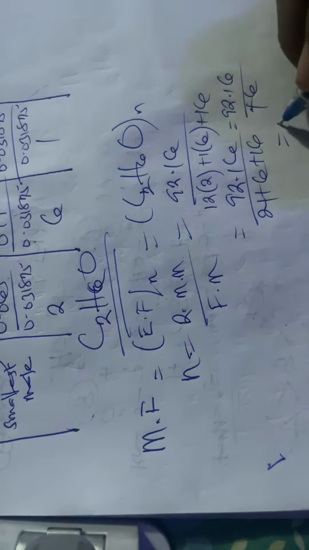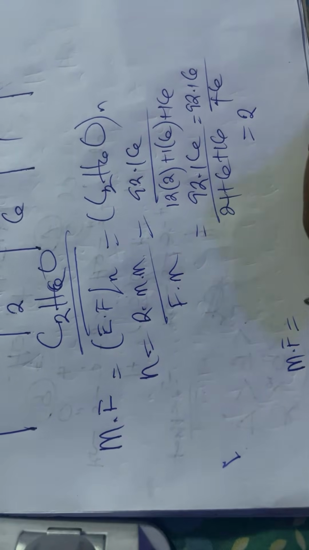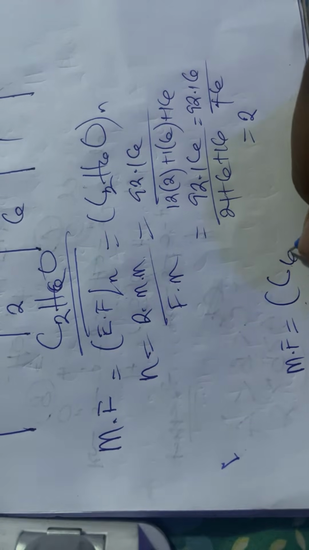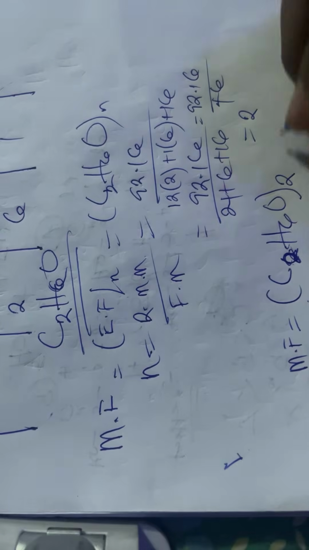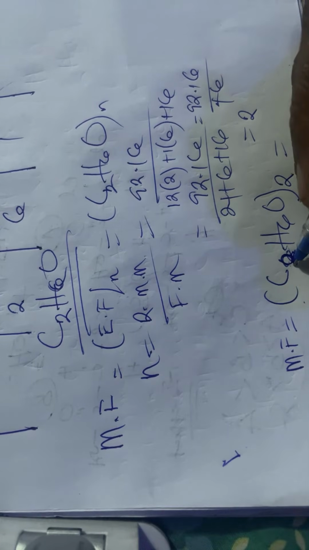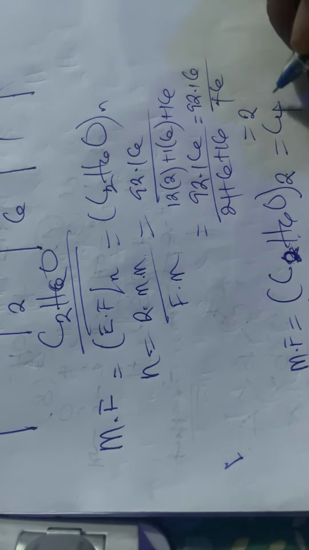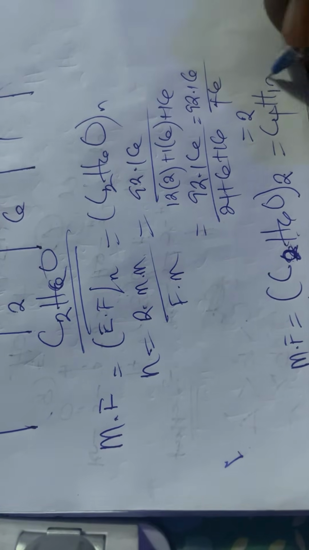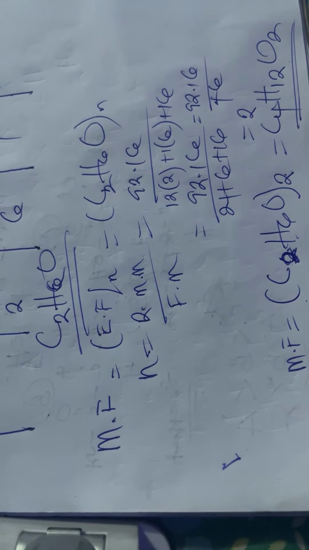So our molecular formula will be C2H6O times 2. The 2 multiplies into everything here, so we now have C4, 2 times 6 is 12, then O2. All right, so that's our molecular formula.